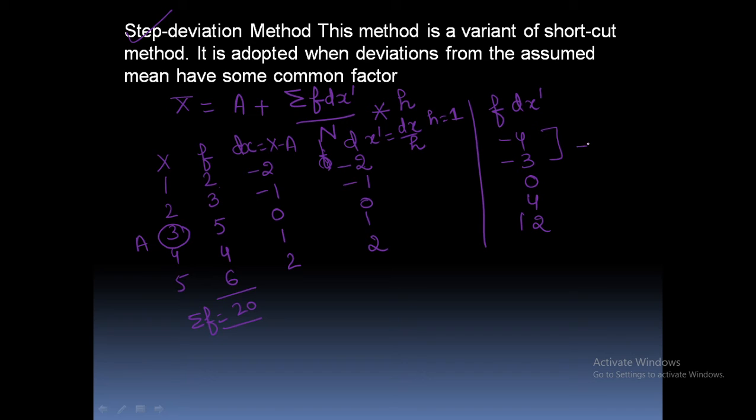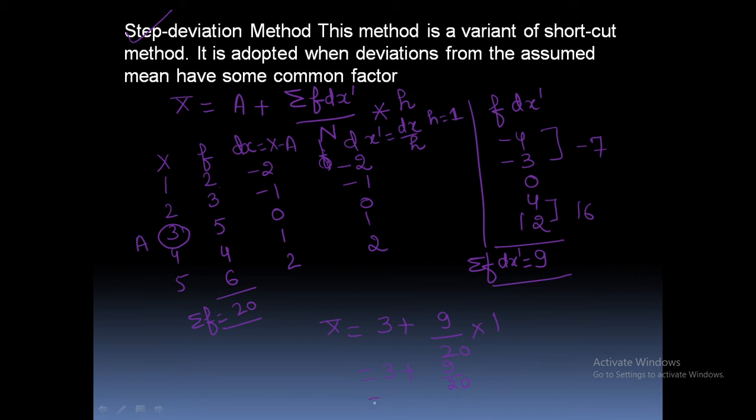Minus 4 minus 3, minus 7. 4 plus 12, 16. 16 minus 7 we get plus 9, that is known as sigma f dx dash is equal to 9. Now you can implement these values in the formula. A is 3 plus 9 over 20 multiply 1, 3 plus 9 over 20.